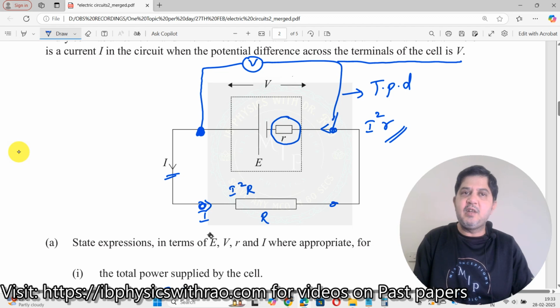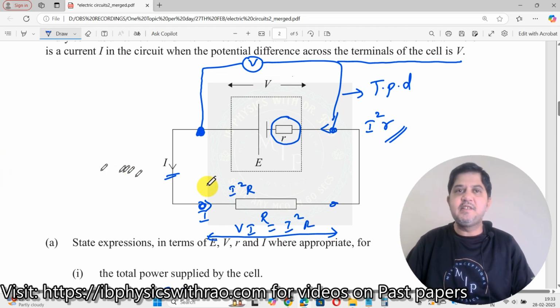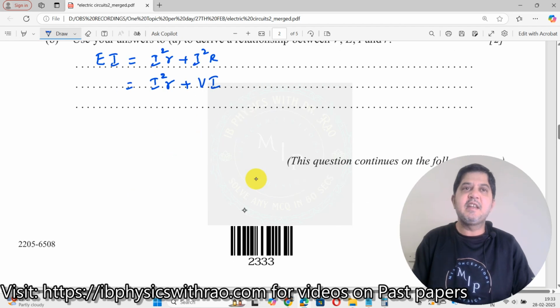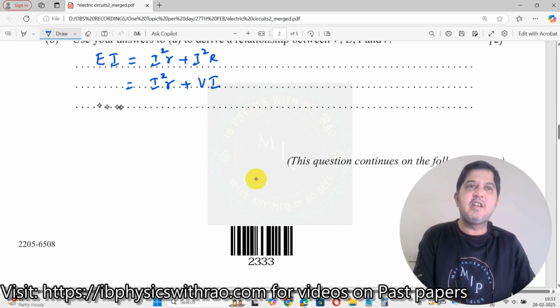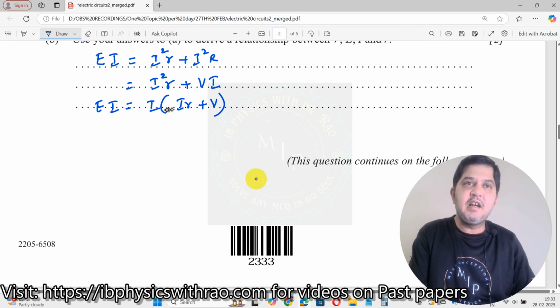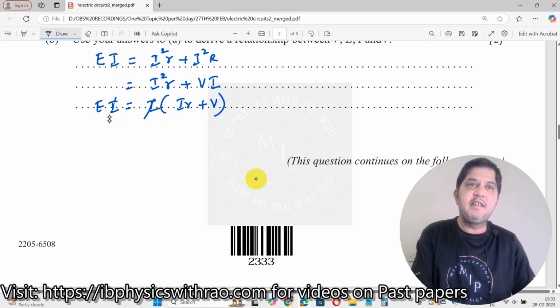So I can say V multiplied by I is also equal to I squared R. I can write like this also here. So as a result of this, I will now take I common over here. I will write V into I is equal to I into (Ir plus V), right? Ir plus V. So this I and this I goes away.